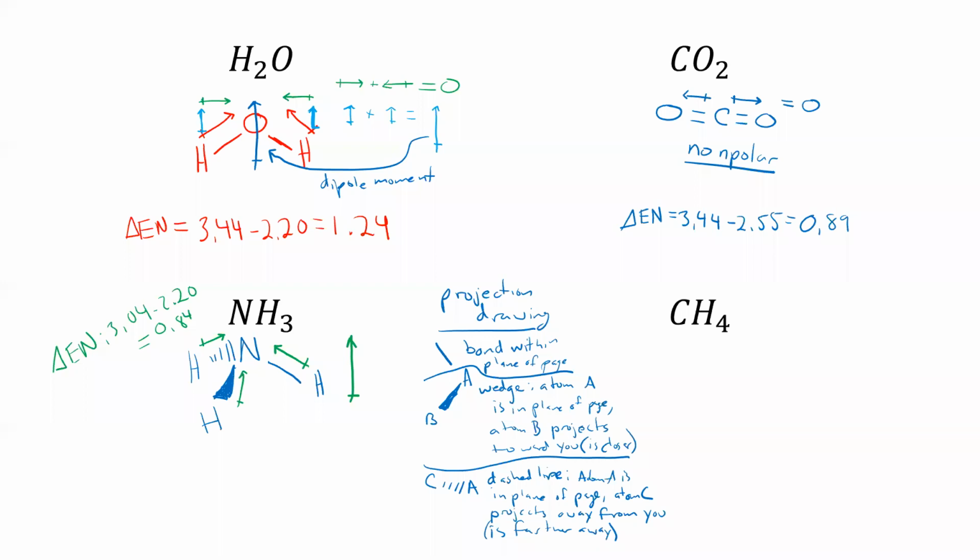So it'd be pointing up toward the nitrogen from below, if your hydrogens are the bottom parts of a tripod. And so the ammonia molecule is polar, with this green arrow here representing the dipole moment for that molecule.